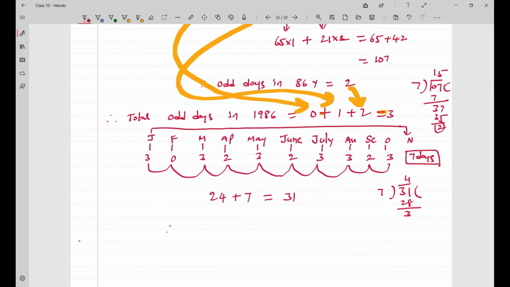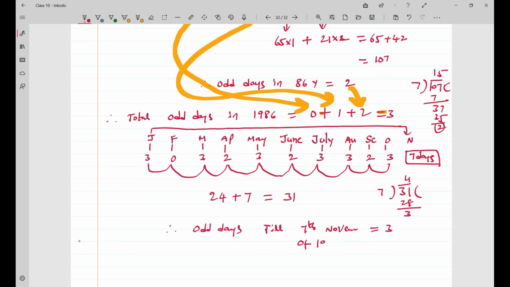Therefore odd days till 7th November of 1987 is equal to 3.